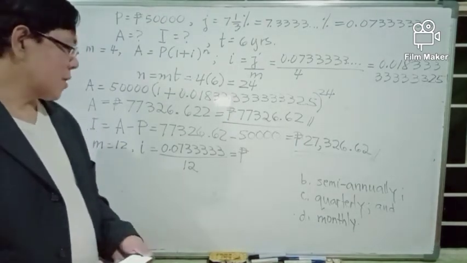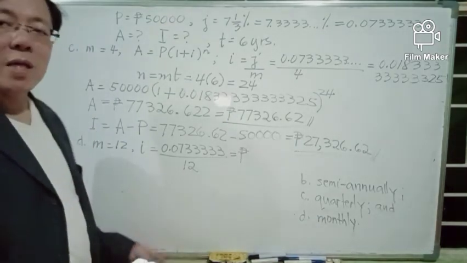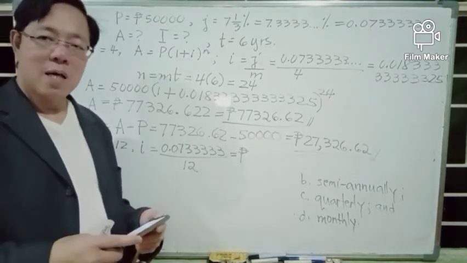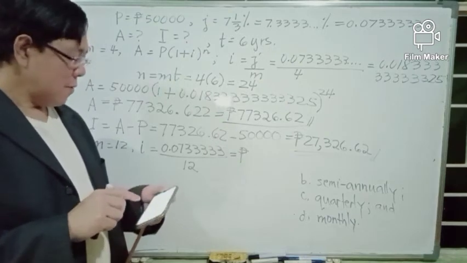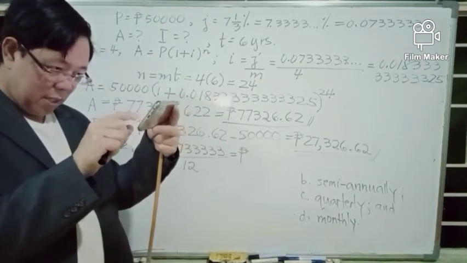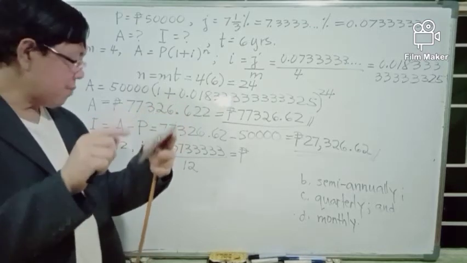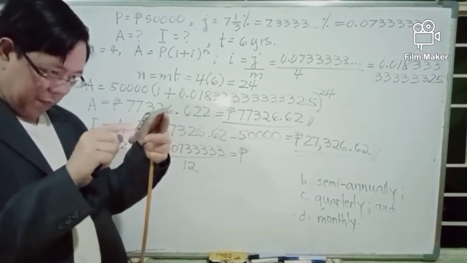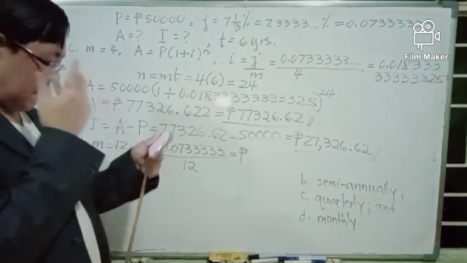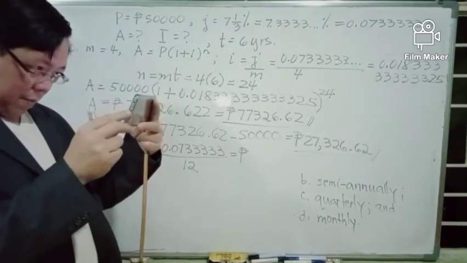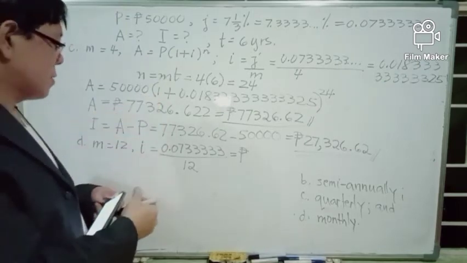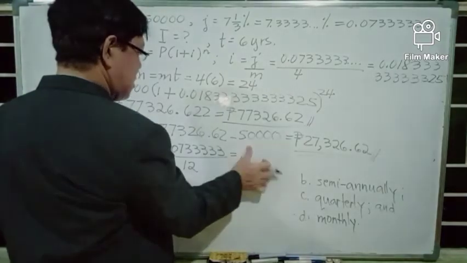Get your calculator to compute the new value of I, the interest rate per month. We have 0.07, press as many 3s in your calculator, and divide that by 12. And you should get 0.006. Sorry, this is a decimal number.